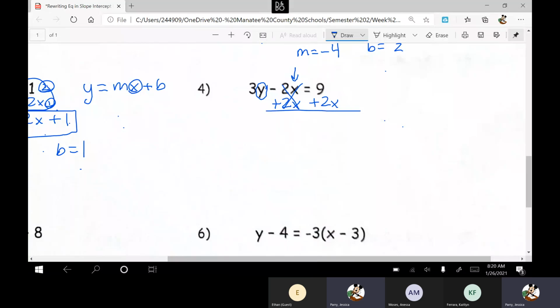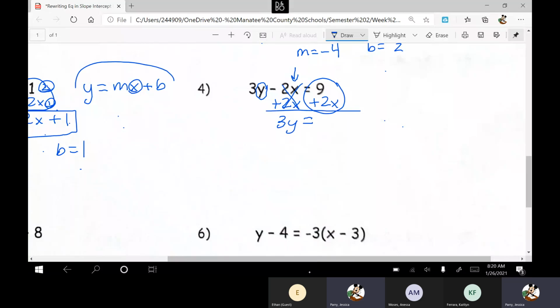So these cancel out. Bring down this 3y, your equal sign. And then how should I write this 9 plus 2x? How can I write them side by side? Go ahead and write that in the chat, or you can turn your microphone on. Should I write it as 9 plus 2x, or should I put 2x plus 9?